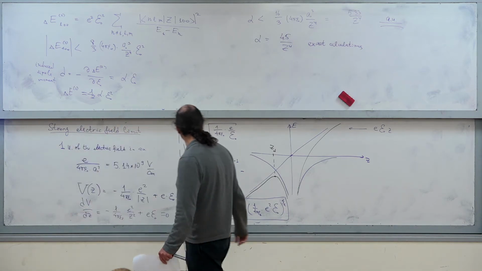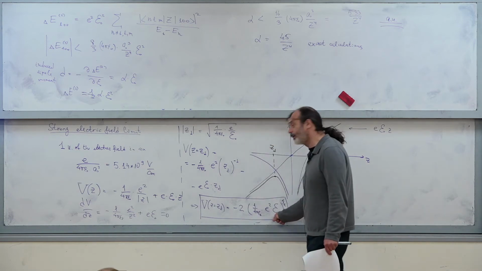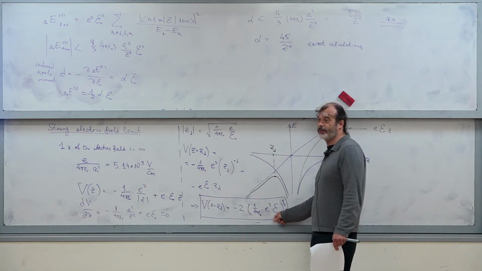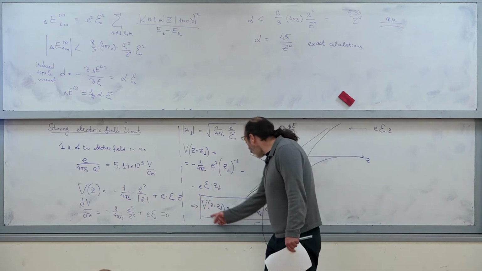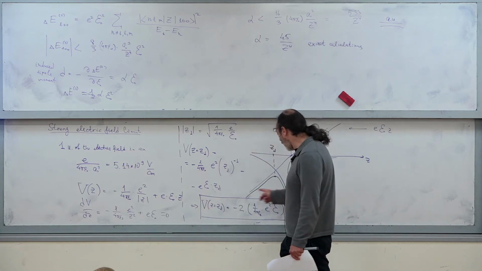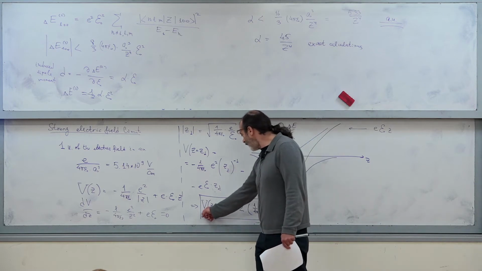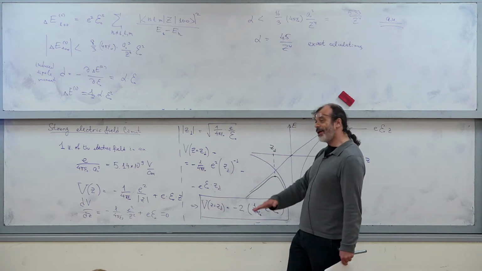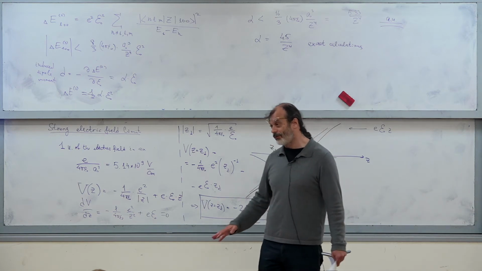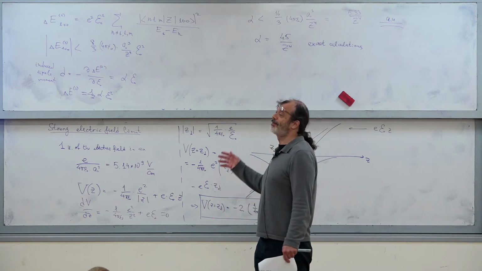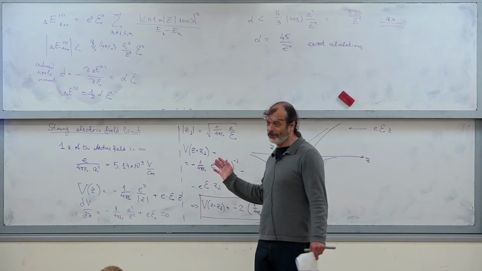This depends on the strength of the electric field. At a certain point, we can ask ourselves at which value of this potential the bound state, the ground state of the hydrogen atom, becomes unbound. That means no atom exists in the world.